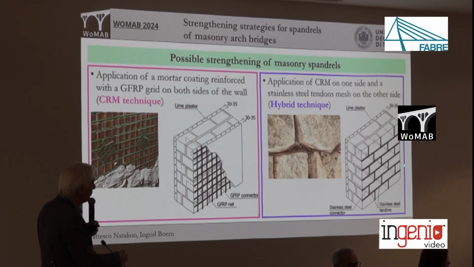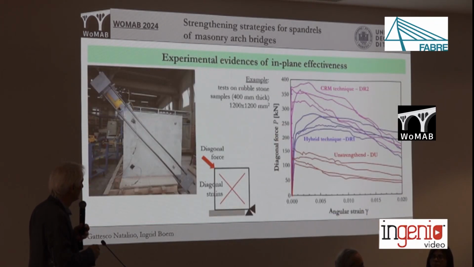On the other side, we can substitute this reinforcement by inserting a stainless steel tendons mesh, which is hidden inside the mortar joints of the masonry.